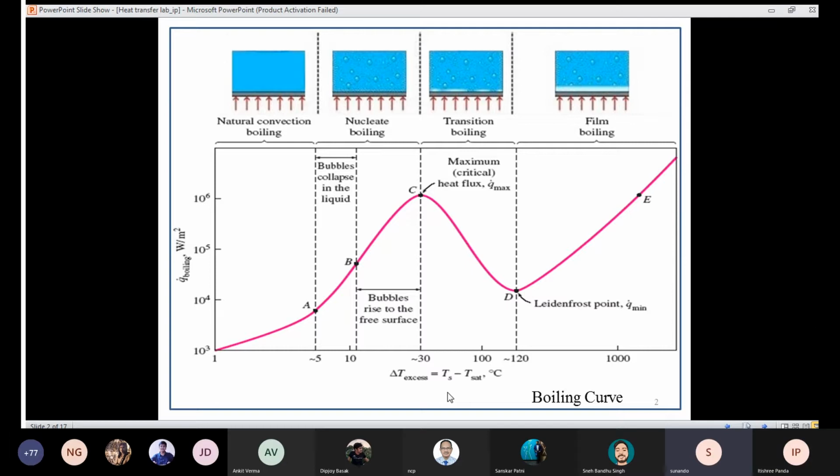We are also not going to see the region CD, which is very interesting because you are increasing the delta T, but instead of the heat flux increasing, it decreases.